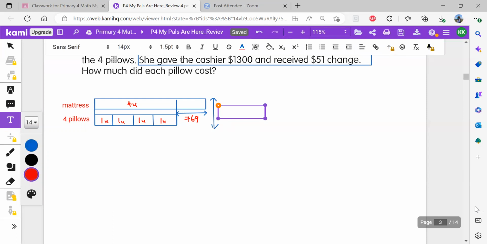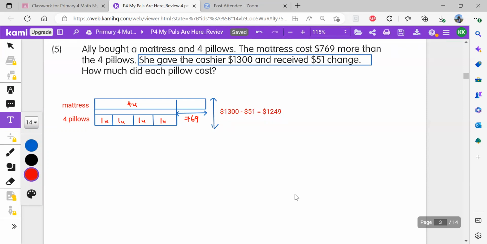The whole thing didn't cost $1,300. It cost $51 less because there is a change. So which means the mattress and the 4 pillows cost $1,249. That's the total.